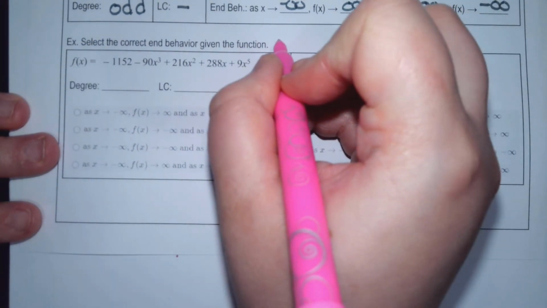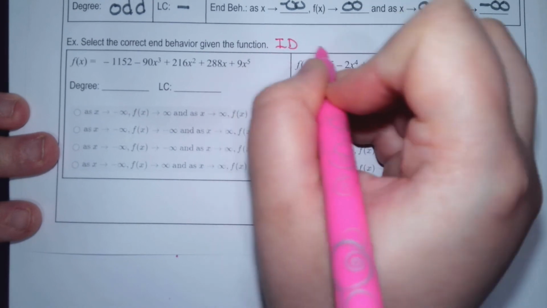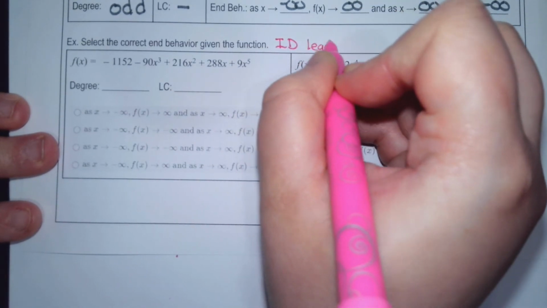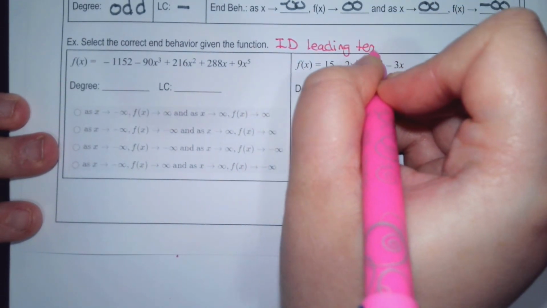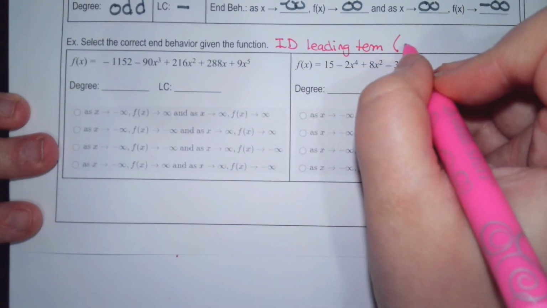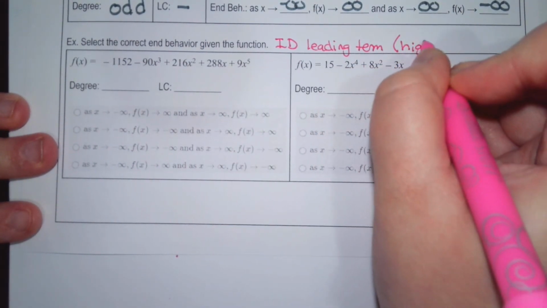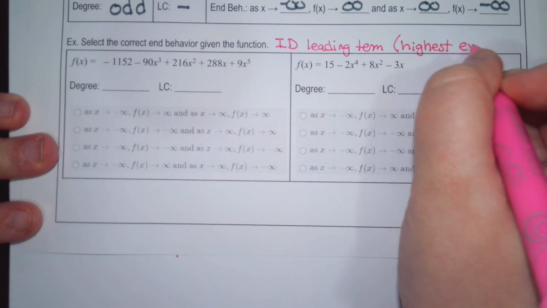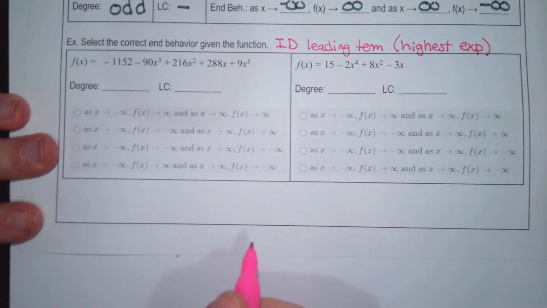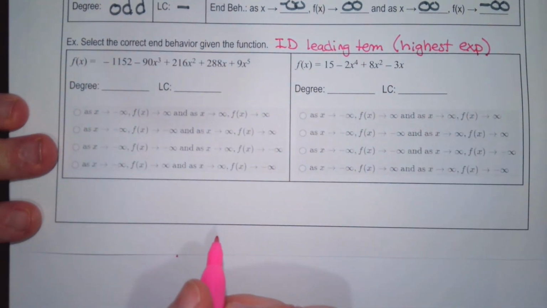Remember, you have to identify your leading term. To do this, you just look for the highest exponent. You don't have to put it in standard form. Just identify the term with the highest exponent.